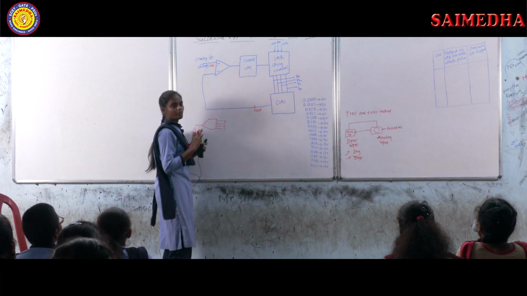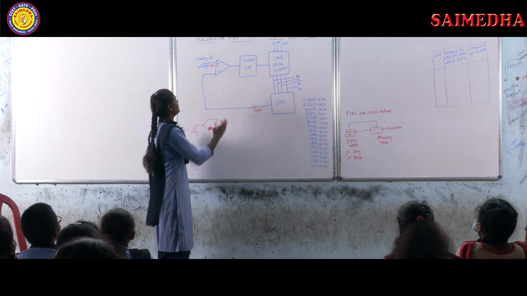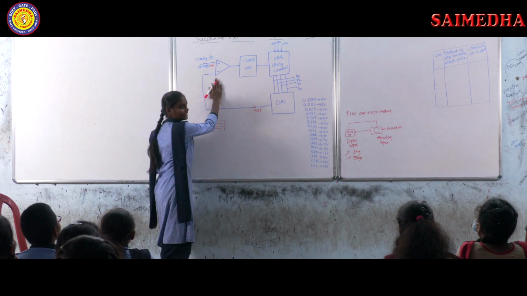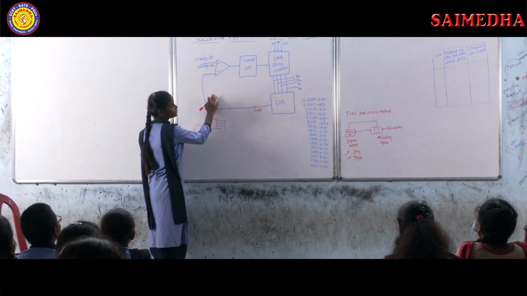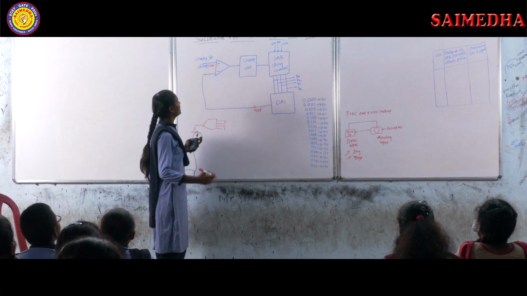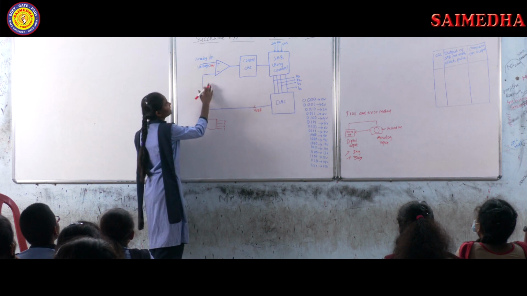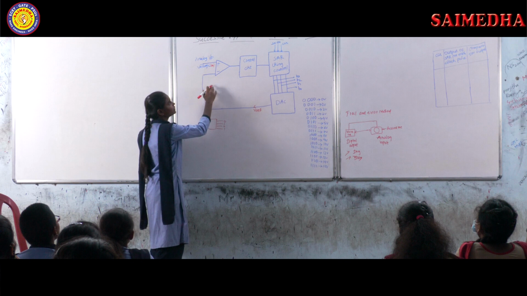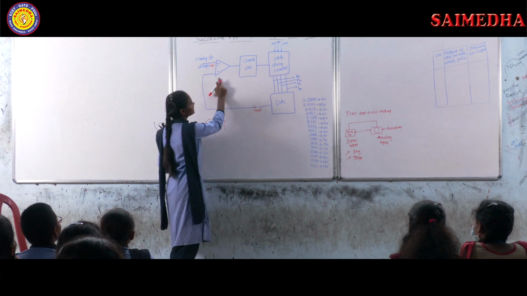What is meant by a comparator? An op-amp without feedback, in that application, is called a comparator. There is no feedback, so it is called a comparator. The comparator has two inputs, one non-inverting and one inverting. We give the analog input voltage to the non-inverting terminal and the output of the DAC to the inverting terminal.